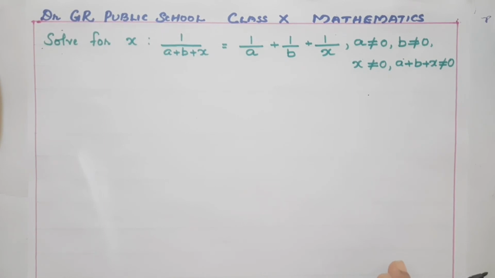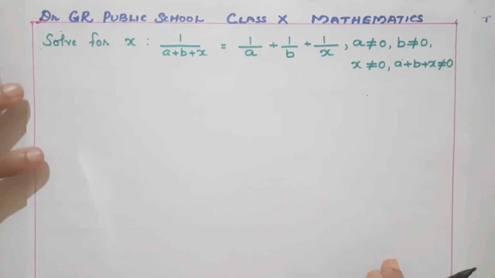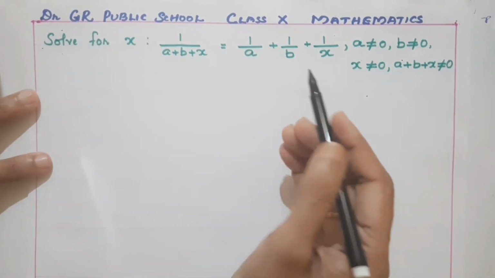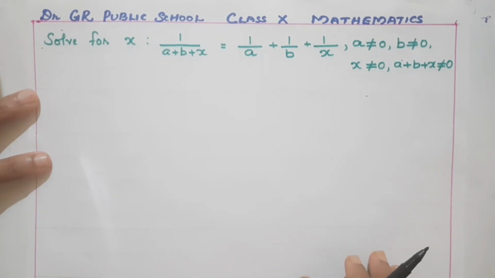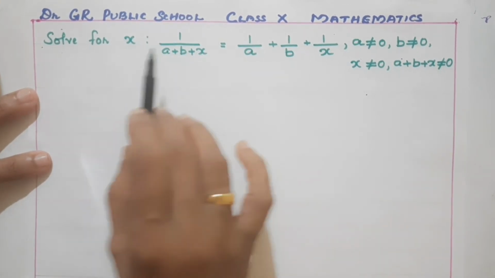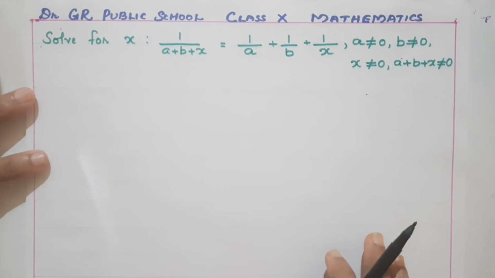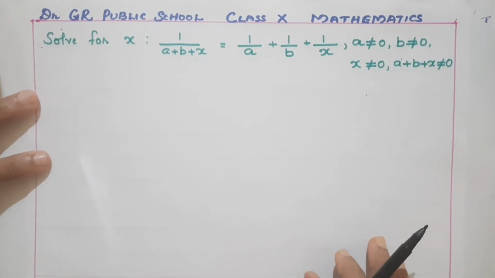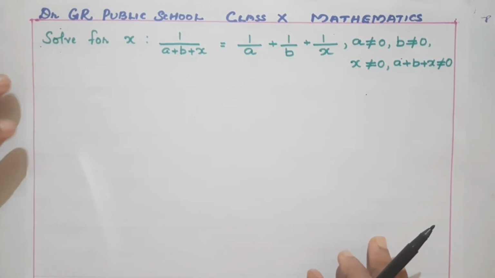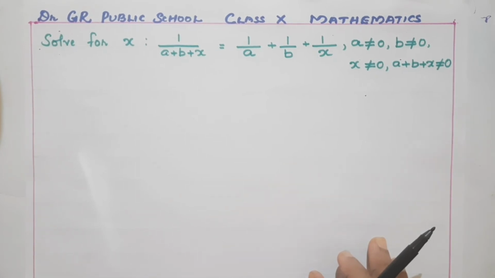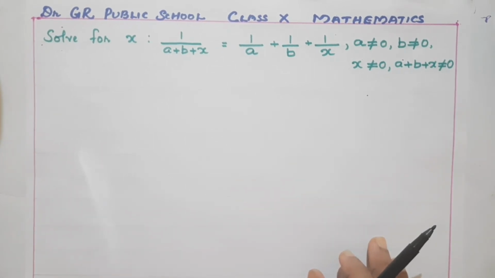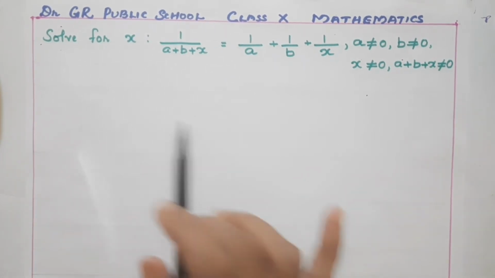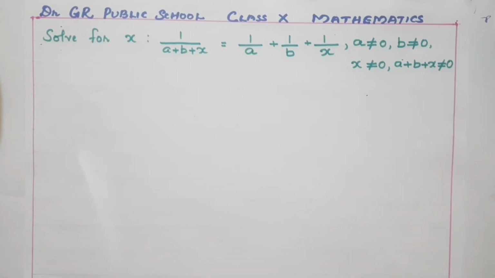Okay children. For that what we have to do is, we have to take the variable terms to one side. Okay. Same type of question was asked in the board exam, last year's board exam. This type of question they always ask for solving. Okay. So you have to understand the method properly.